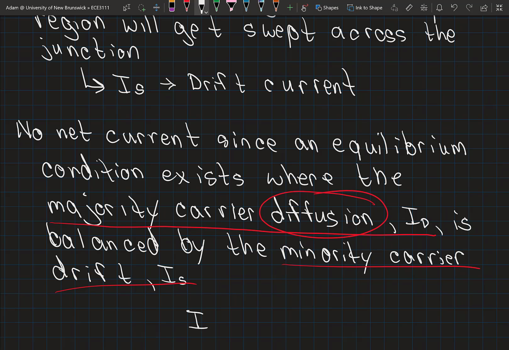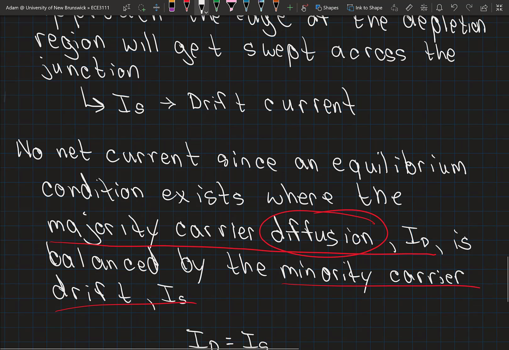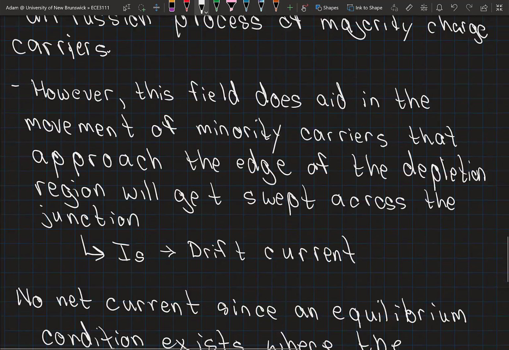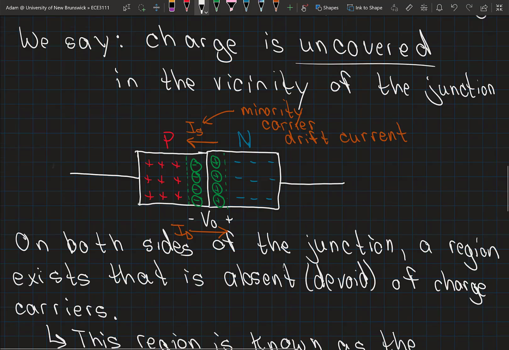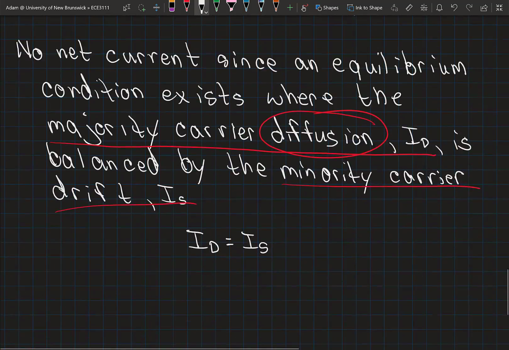So again, without any external bias or connection to this diode, or PN junction, the drift current must equal the diffusion current so that an equilibrium exists.